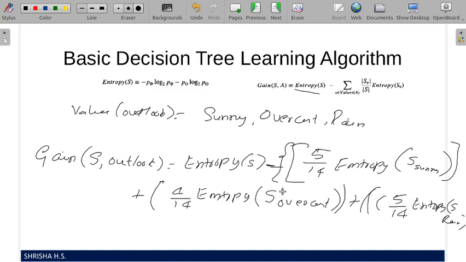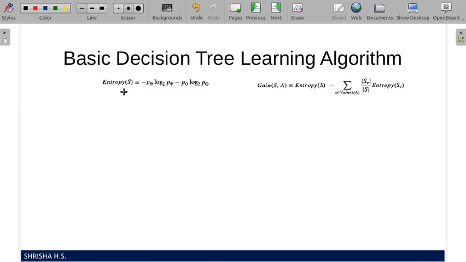So we'll continue with the calculation now. We need the entropy of sunny, the entropy of overcast, and the entropy of rain. Let's start with the entropy where instances are sunny.